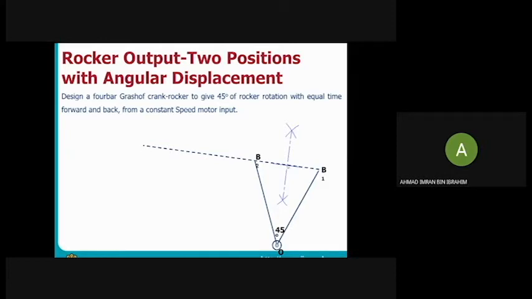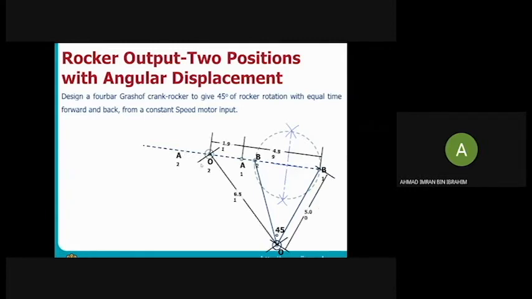And then you need to draw a midpoint between B1 and B2, and then you get a point here, and you create a circle first. Okay, after that you have the point O2, and then you need to translate this circle into O2. Then you can get points A1 and A2, right? So basically your four-bar mechanism will be O2, O4, B1, A1.